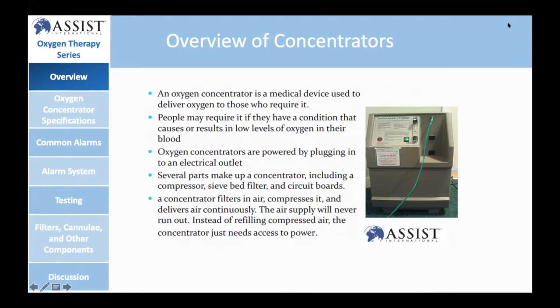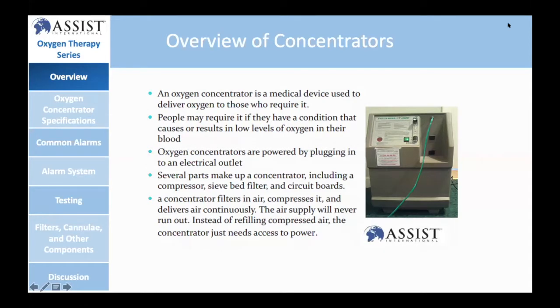And as the name indicates, an oxygen concentrator concentrates oxygen from ambient air. Normally ambient air has around 78% nitrogen, 21% oxygen, and the remaining 1% other gases.